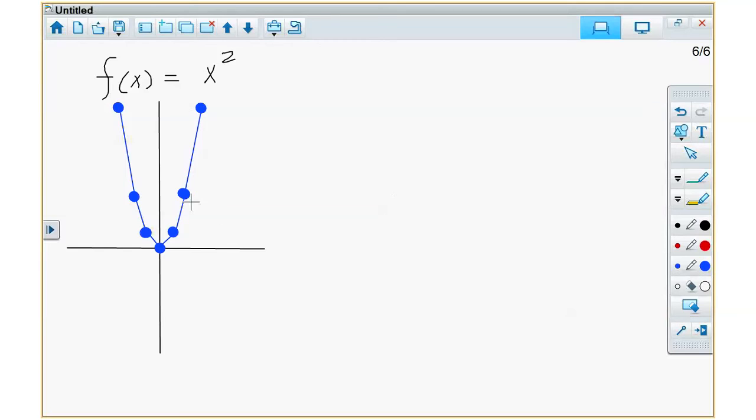Well, mine's a little bit off, but that's the point. And that's supposed to be more of a curve, but you can just use your imagination.